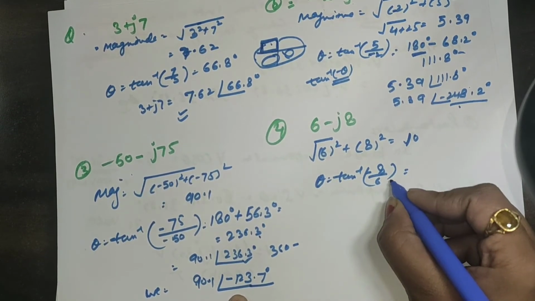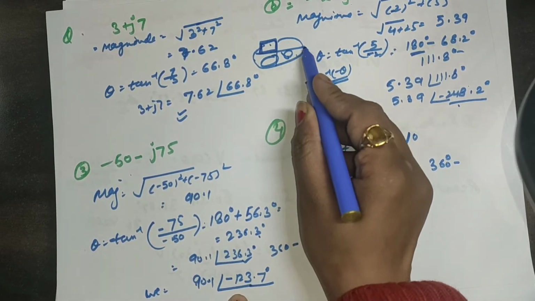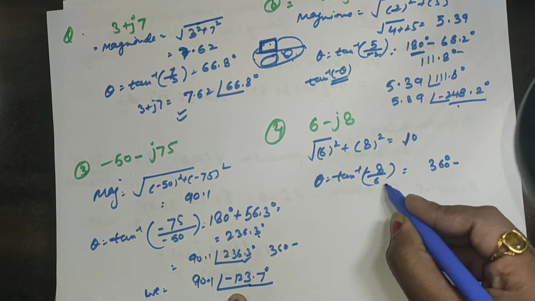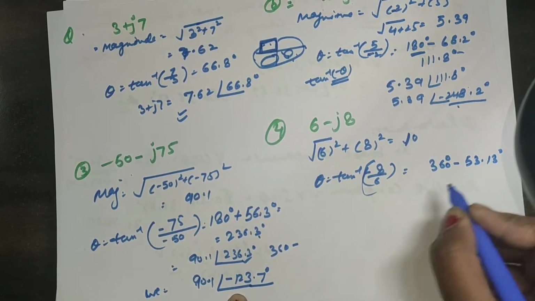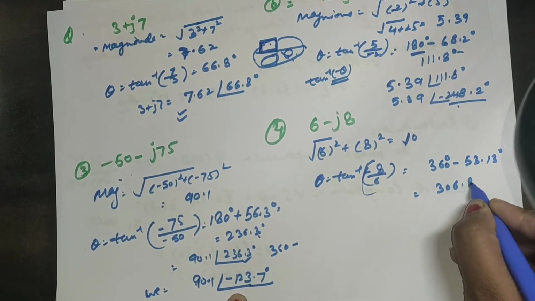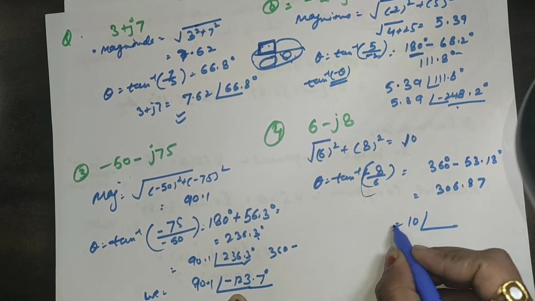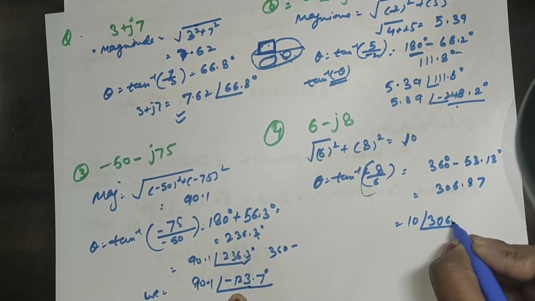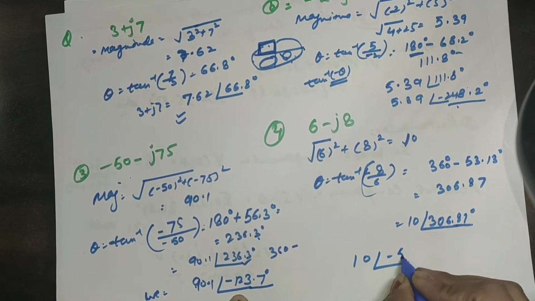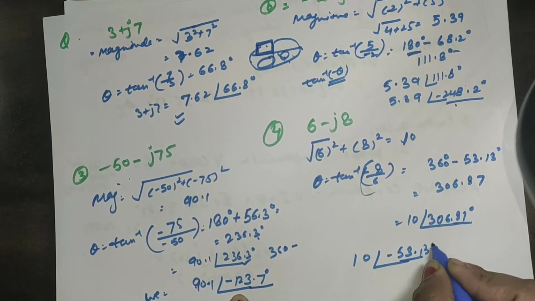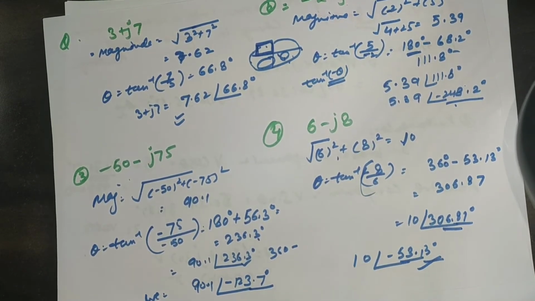If we are taking the clockwise direction, that will be 360, because the fourth quadrant is 360, so 360 minus the angle we get from this, that will be 53.13 degree, that will be 306.87, or we can also write the final polar form as 10 angle 306.87 degree, or we can also write 10 angle minus 53.13 degree, which we get from 360 minus this one, so we will get minus 53.13 degree.